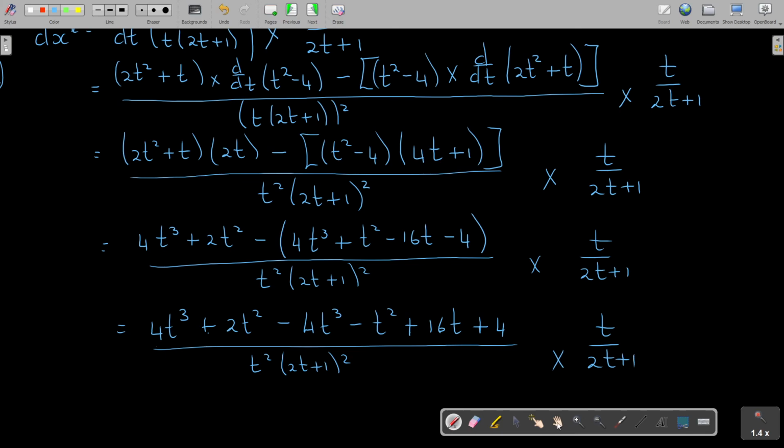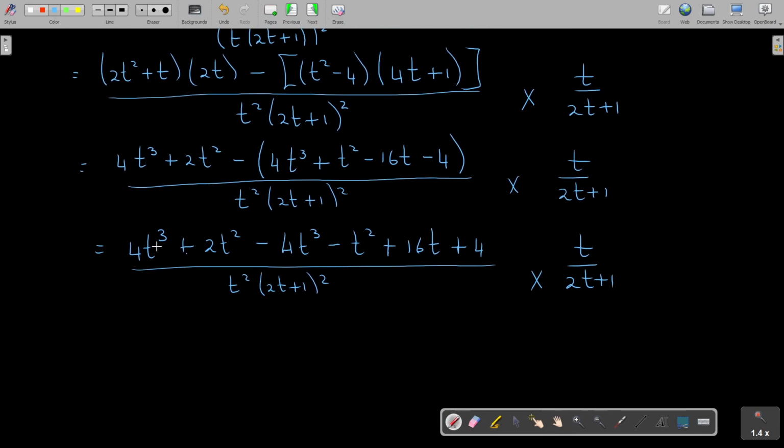I will now bring it in. Okay, so first you see that this will cancel. Oh, thank you. This is 2t, so this is going to be just t, okay, plus 16t. Let's just see, plus 16t plus 4. Plus 4. Okay.